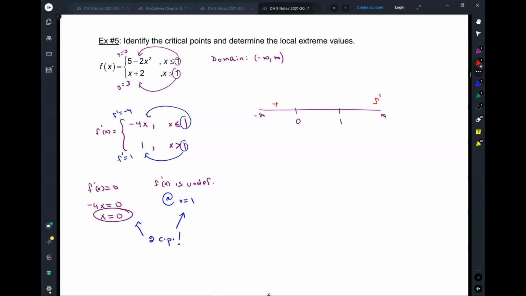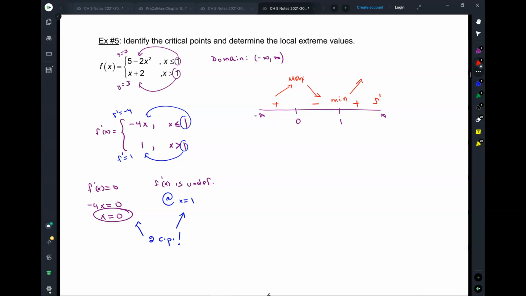Top, so I get a negative value. x equals 2, where does it go? Bottom, positive 1. The function is increasing, decreasing, increasing, so I get a maximum and I get a minimum.